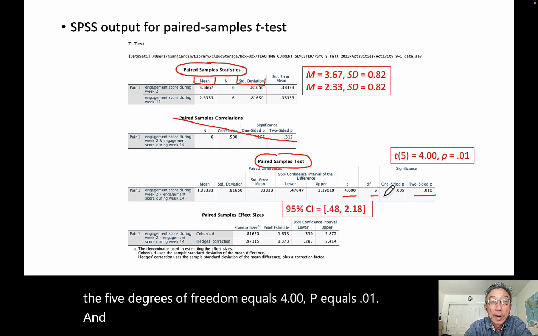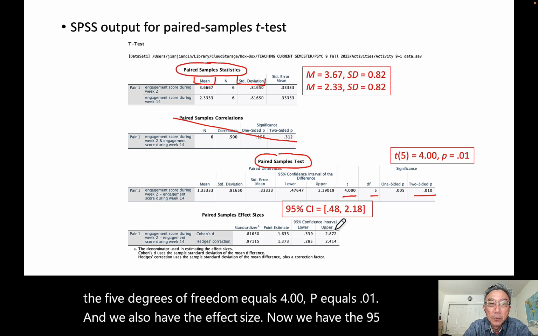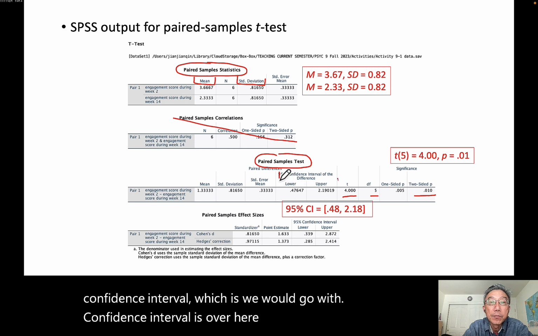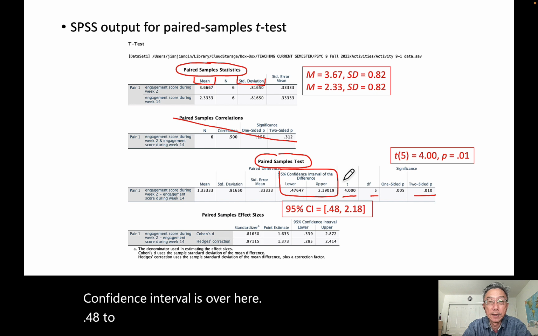And we also have the effect size. We have the 95% confidence interval, which is over here: 0.48 to 2.19. Let's see, yes, 2.19, not 2.18.